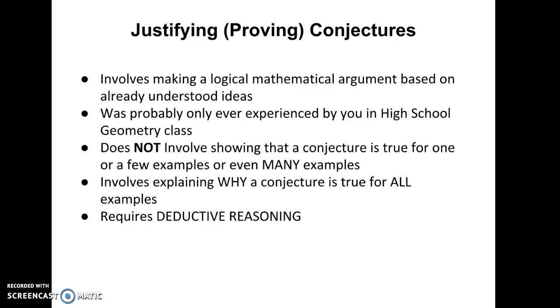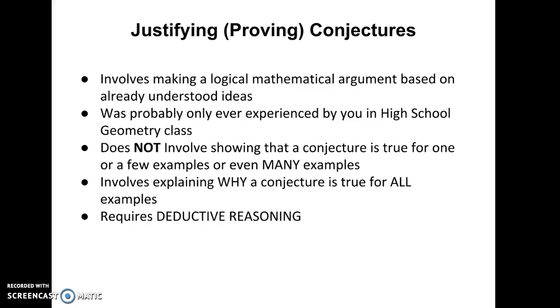And you experienced that in high school geometry class. Perhaps you remember, or perhaps you have completely blocked out making those T-charts where you would list a step in the left-hand column, and in the right-hand column you would list the name of the theorem. Those were the already understood ideas, and you were logically connecting those steps and those theorems to prove something new.